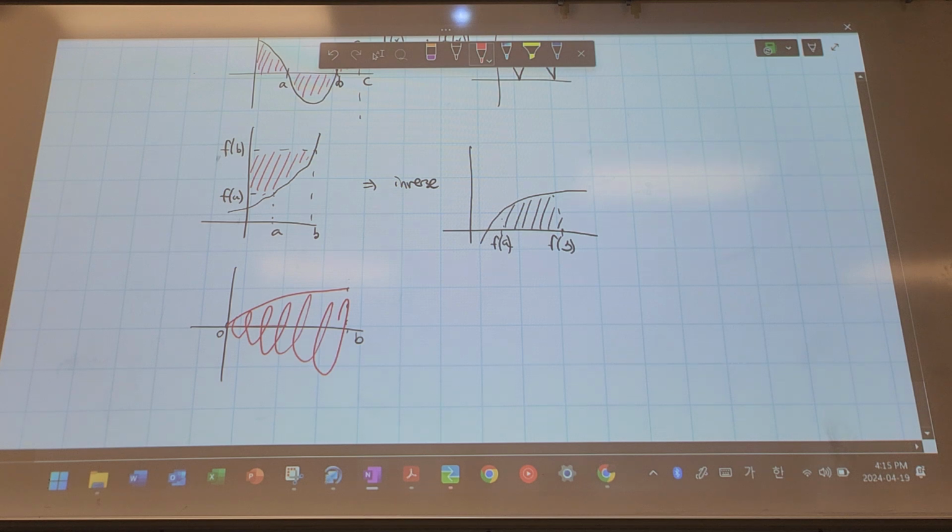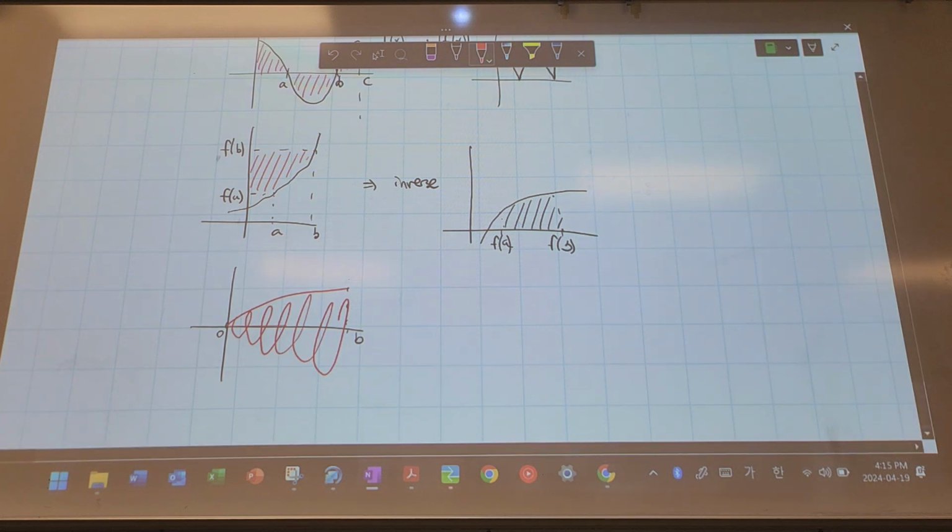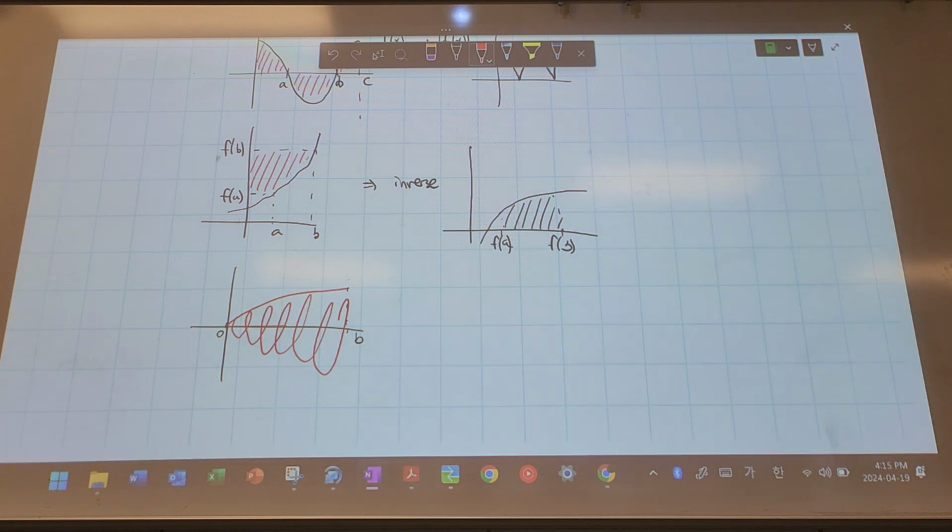Basically, for each height, I consider that as my radius, and then I find the area of that circle or disk, and then I integrate it. I add it from 0 to B, right? So that's what's going on with the volume of revolution. This is the volume of revolution.